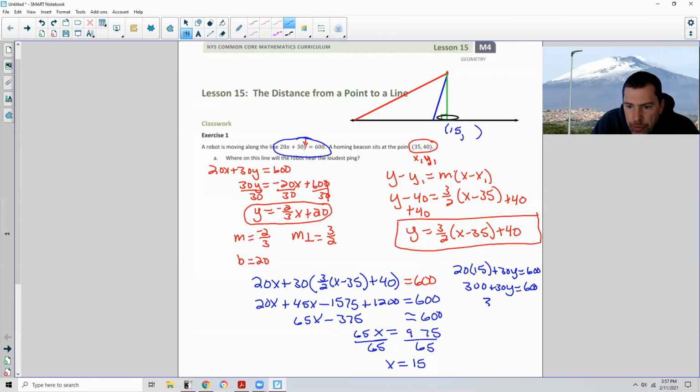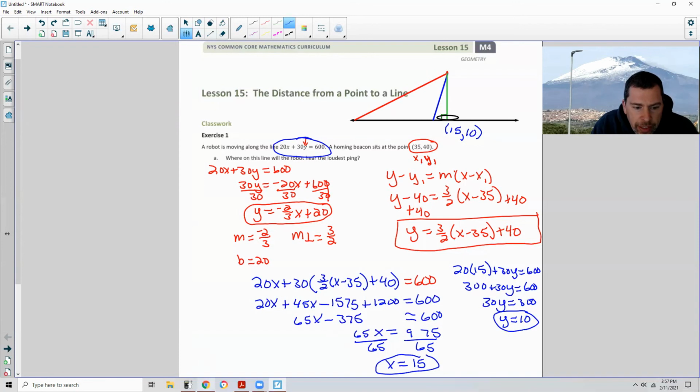Subtract 300 from both sides, and we get 30y equals 300. Divide both sides by 30, and we get y equals 10. So there is my y, there is my x. So this is the point 15, 10.